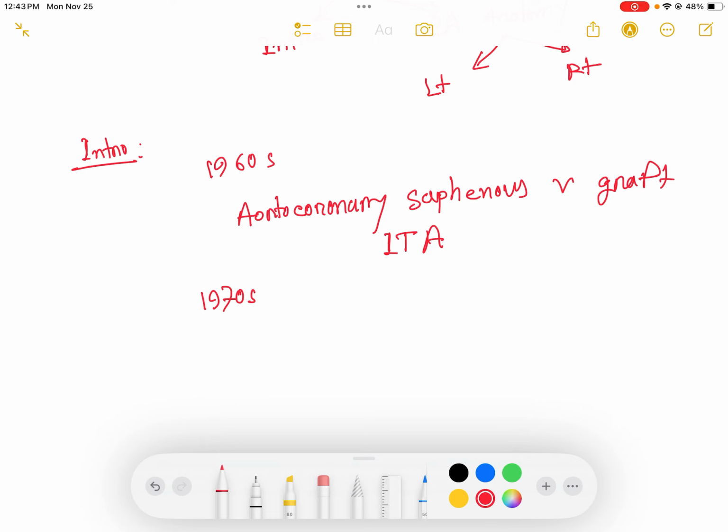All these trials showed that a subset of patients had improved survival after surgery compared with other treatments.